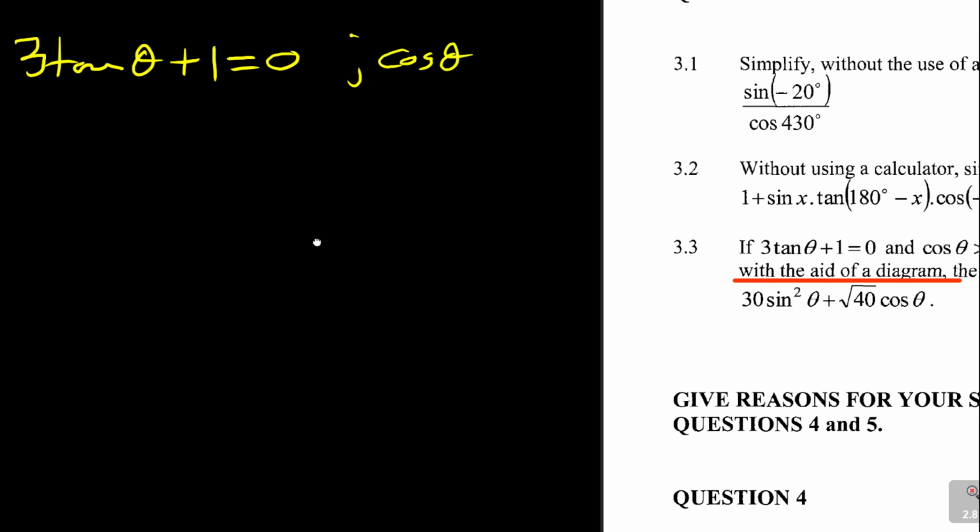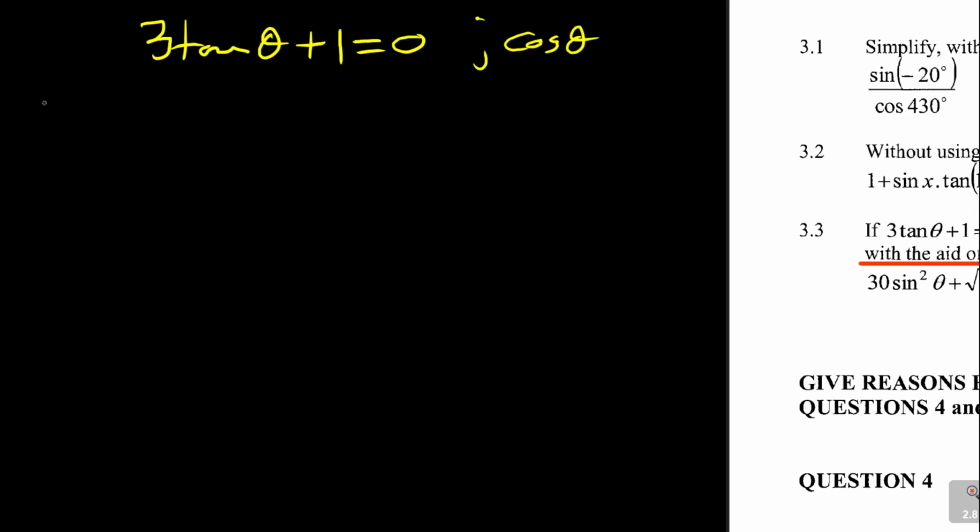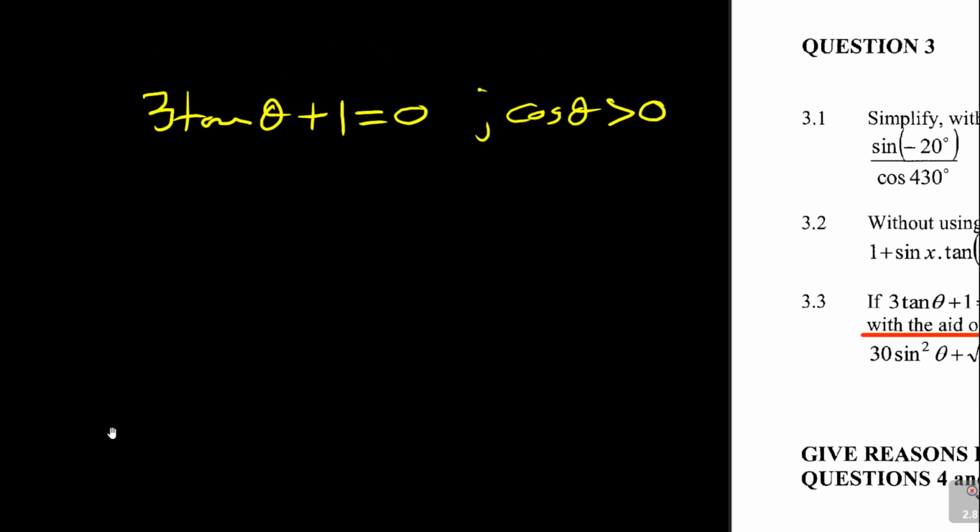You are given 3 tan theta plus 1 equal to 0, and there is a condition. Listen to this. Cos theta, what did they tell us? Is greater than 0. So what is greater? Anything greater than 0 is what? You just need to be able to interpret that because it must make sense.